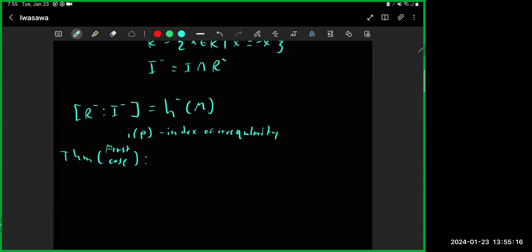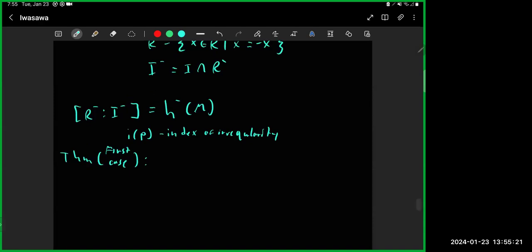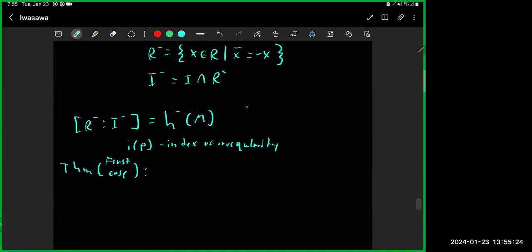So here's the idea. We have the Bernoulli numbers, right? Now, if p divides the numerator of any B_n, where n is an odd integer less than or equal to p minus 3, then p is called irregular.